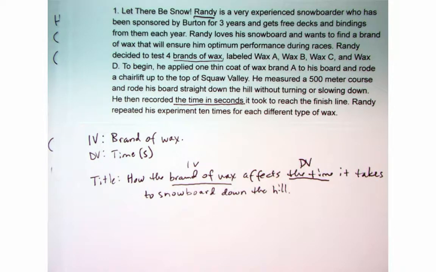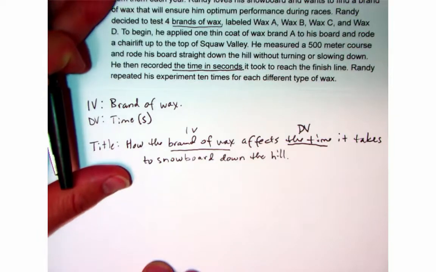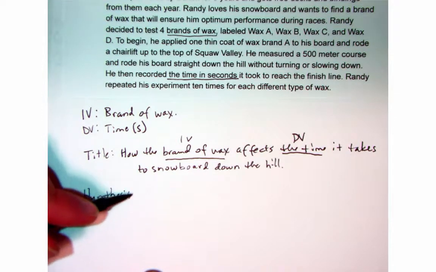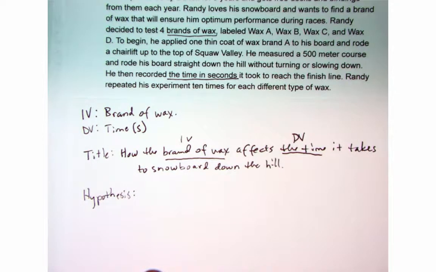All right, next up, we want to put in our hypothesis. And this is, again, where we are going to state what we think is going to happen. And we want to include, again, both the independent and the dependent variable. And this is going to take the form of an if-then statement.